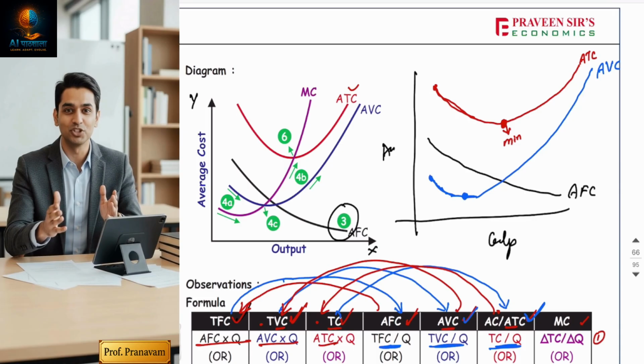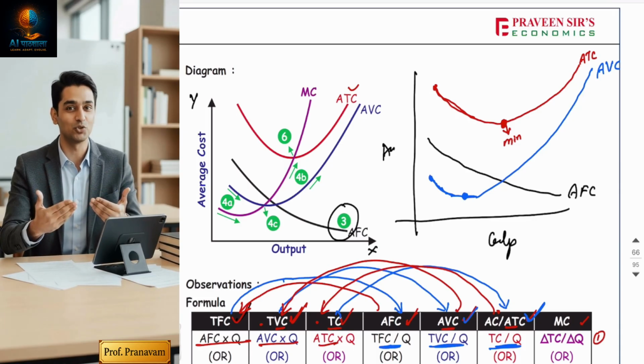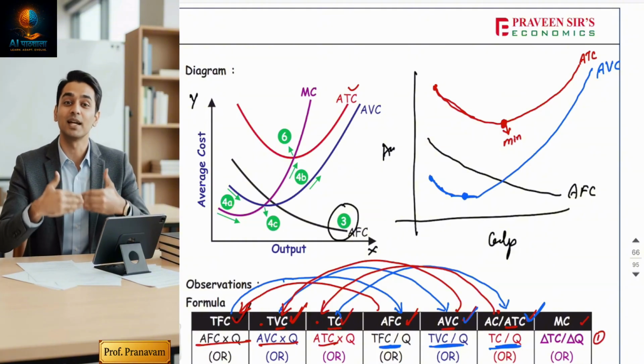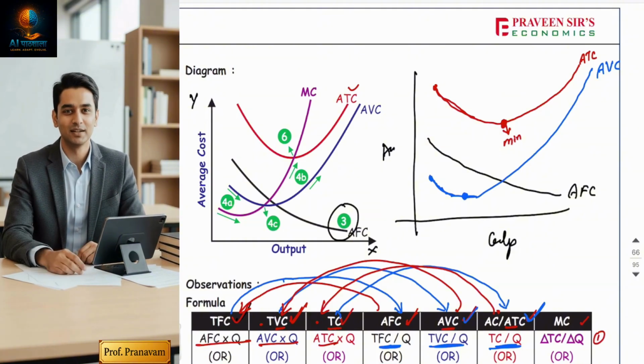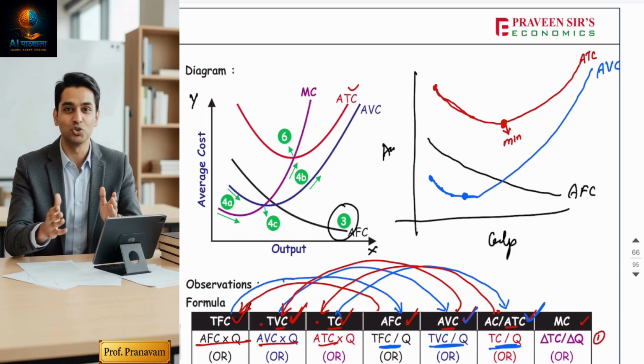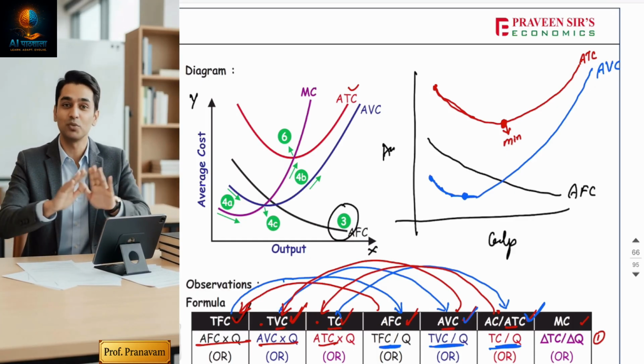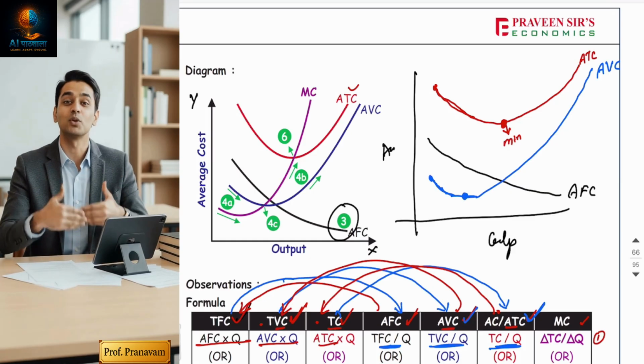Initially, as output increased, average total cost went down, reached the minimum point and became constant for a certain period. Beyond that, when more additional output is produced, the cost started increasing.